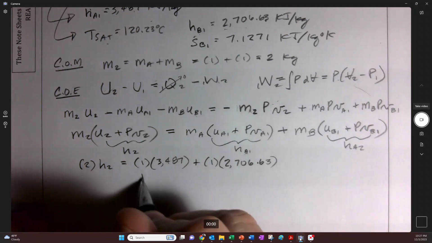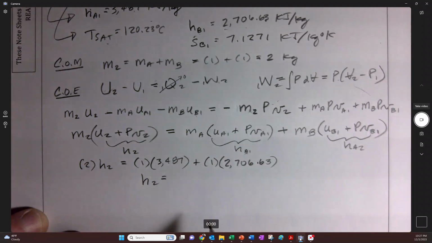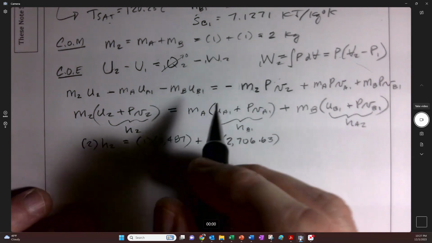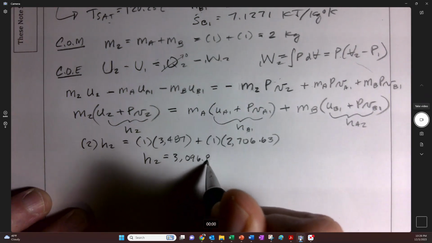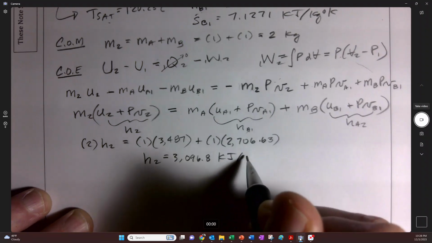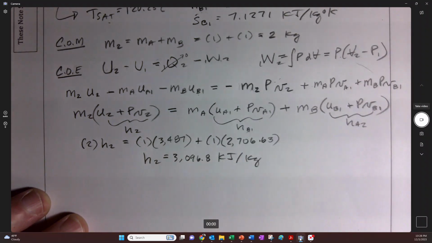Okay, so we can find H2. H2 is 3,096.8 kilojoules per kilogram.